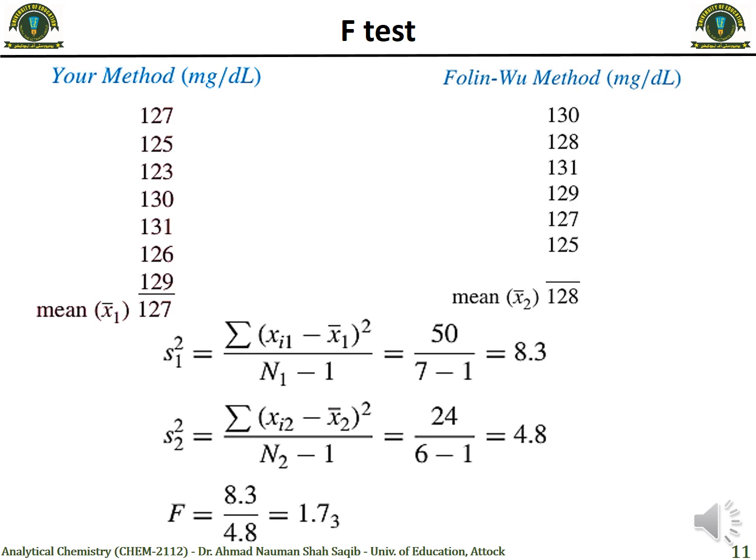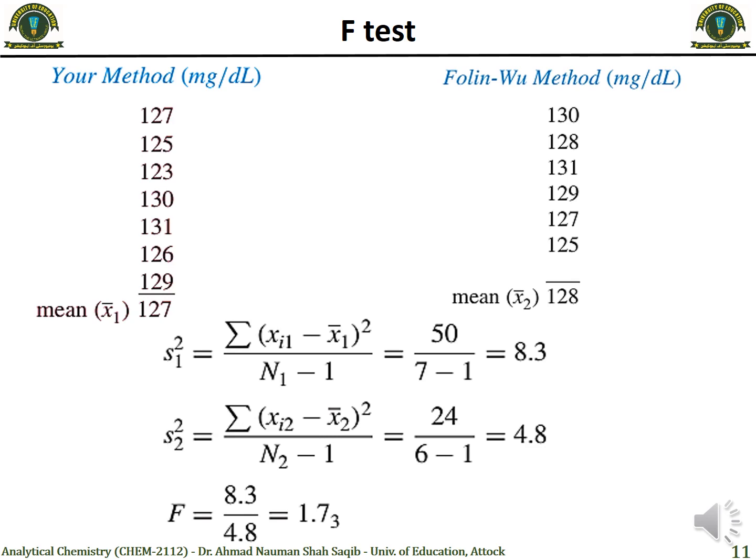When we calculate the variance for the first method, we get the value of 8.3. Here n minus 1, the degree of freedom, is 6. And when we calculate the variance from the standard method, we get a variance value of 4.8.